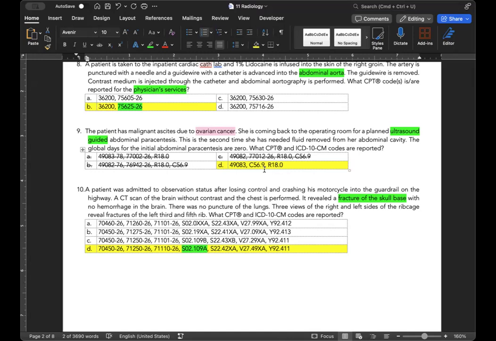C56.9 is your malignant neoplasm of your unspecified ovary. And then R18.0, you have malignant ascites, but then there's a code note underneath it that says code first your malignancy, such as the malignant neoplasm of the ovary. So that's your second indication that your C56.9 should go first.